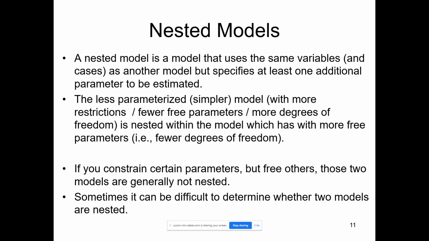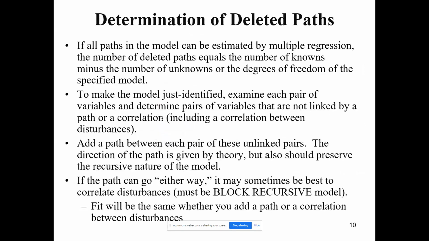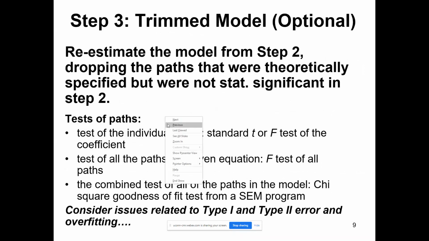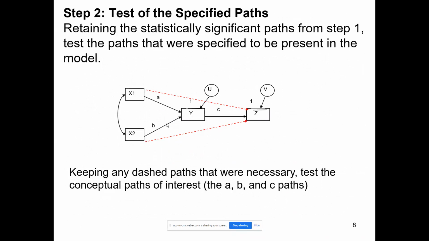Hold on, let's go back to our picture here for a second. Okay, so here I've got a just identified model. What if I decided I also built in, and this would be bad too, because it would also be non-recursive, which I told you not to do, but you shouldn't do this anyway.